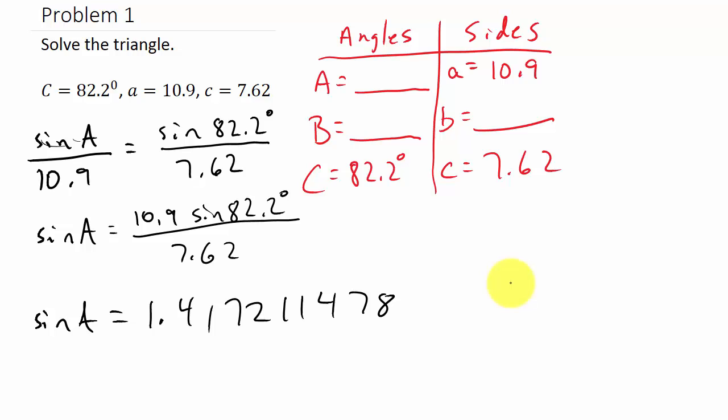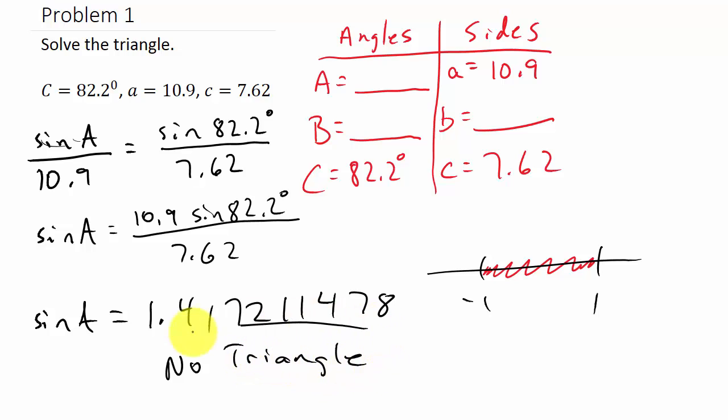It'll never be above 1 or below -1. So this can't happen. So our solution here is no triangle.